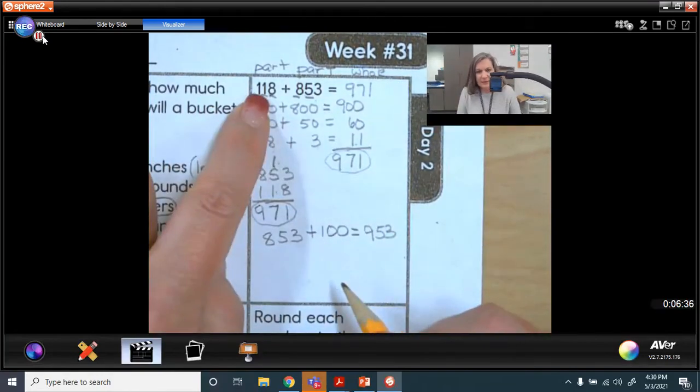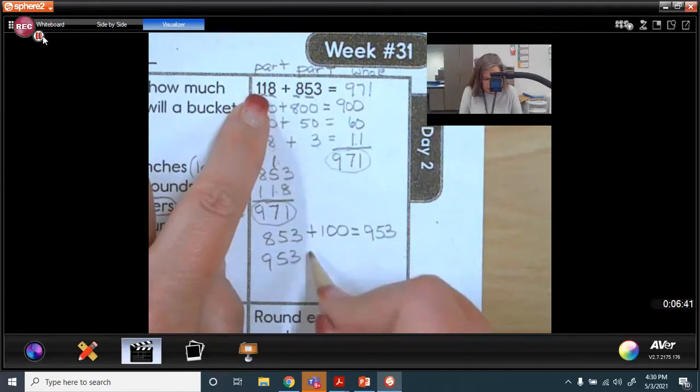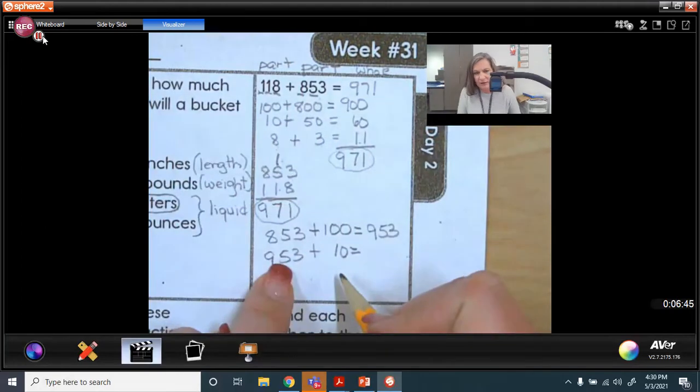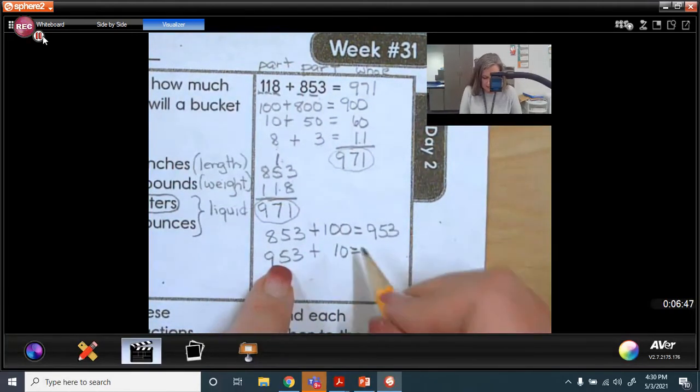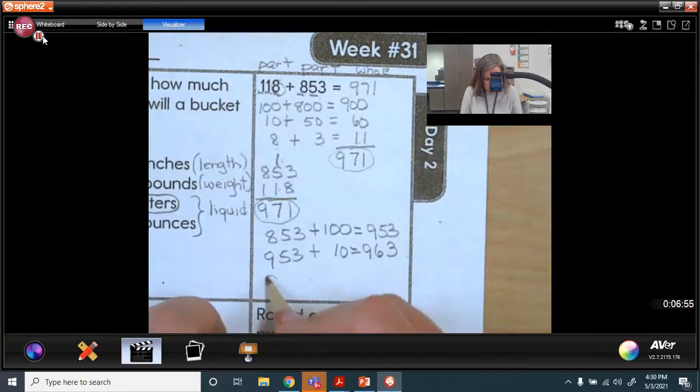Now I can add 10 more to 953, and I'm going to add that 10 to the 50 to make 60, so now I'm at 963. Then I can add on 8 to the 963.